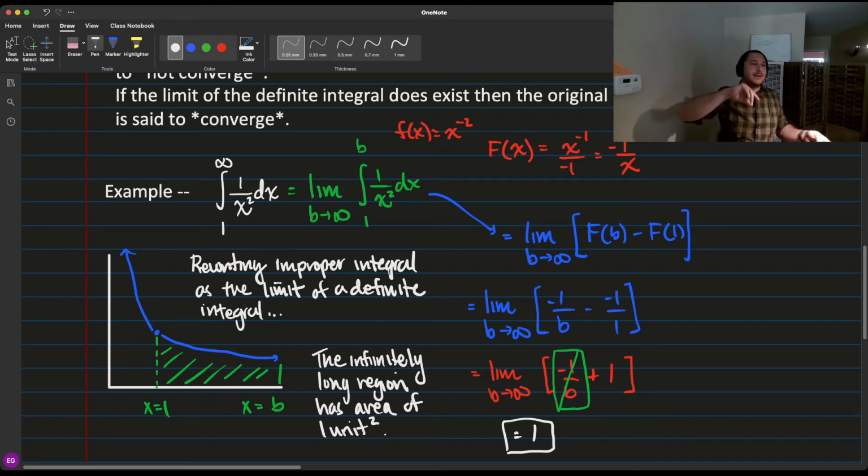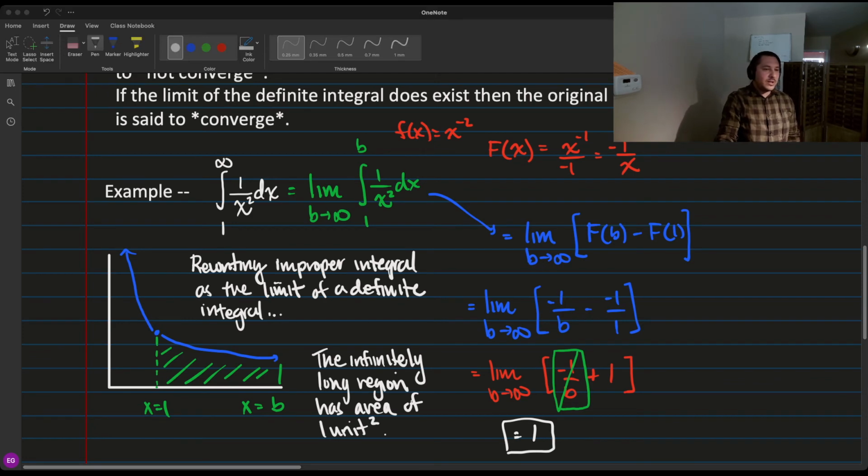But what's the creepier thing? The area of this is 1, but what happened with the other one? If you think back to what we were talking about. What happened when we tried to accumulate the area under 1 over x? What did we get? Does anyone remember?